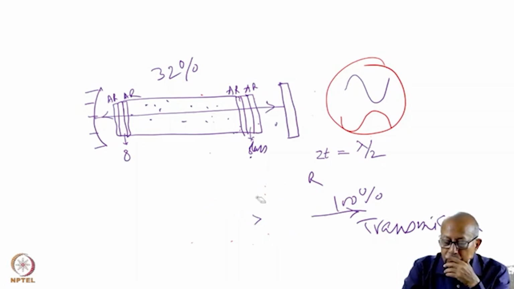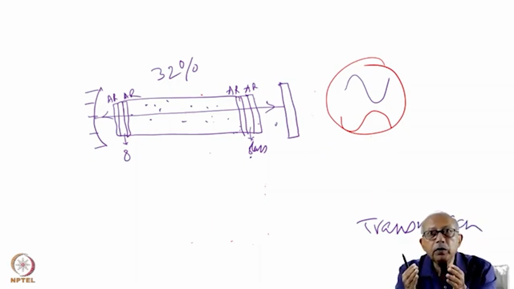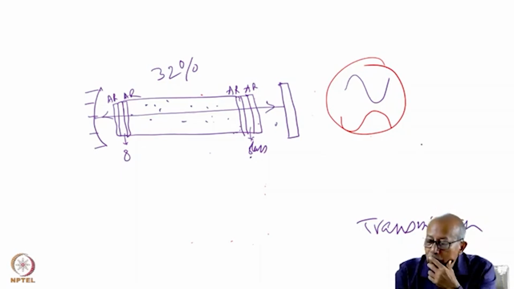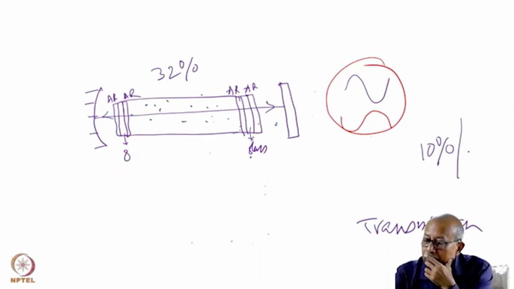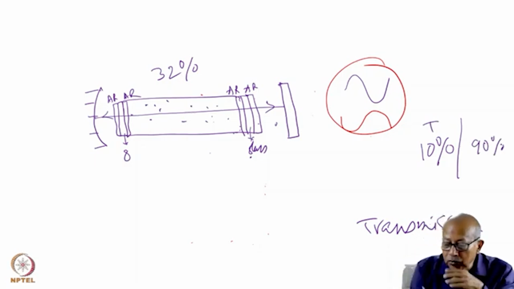We have got anti-reflection coating, that is no reflection, but if you have to make a low transmission window, that means you have to have high reflection. So as I said, we would like to make a transmitting mirror which is 10% transmission and 90% reflection. So how do we do it?